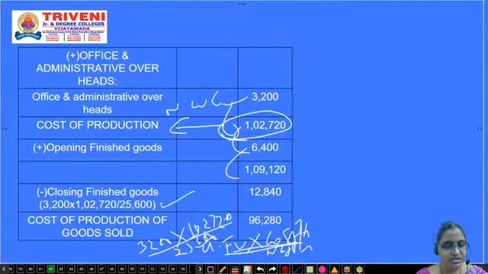Here the working was given: 3,200 into 1,02,720, the cost of production, divided by 25,600. Now you got the amount 12,840. It was closing finished goods.